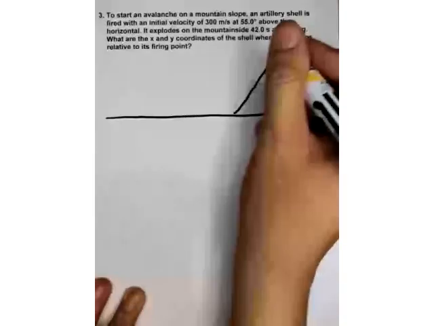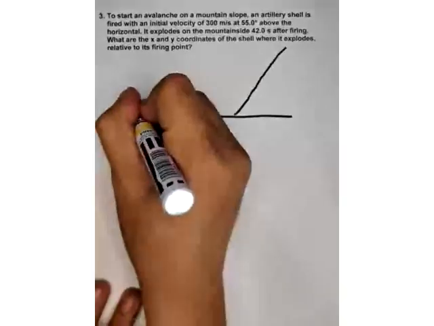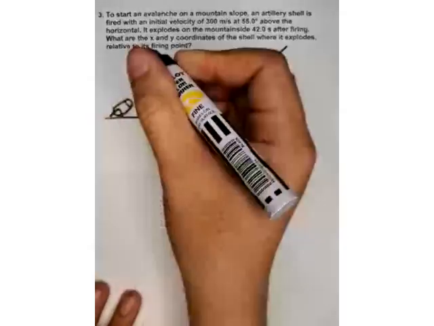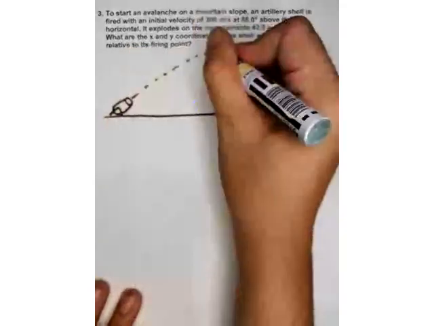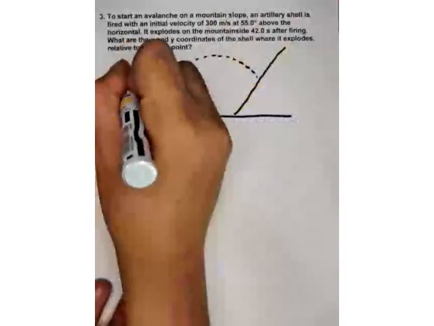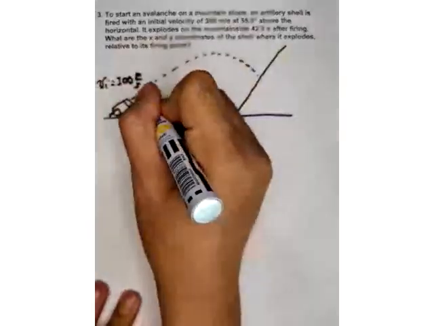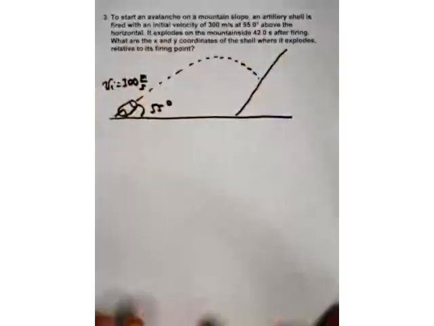An artillery shell is fired with an initial velocity of 300 meters per second at 55 degrees. So meron tayong artillery shell. Finire daw siya para mag-start ng avalanche, na initial velocity na 300 meters per second at 55 degrees above the horizontal.